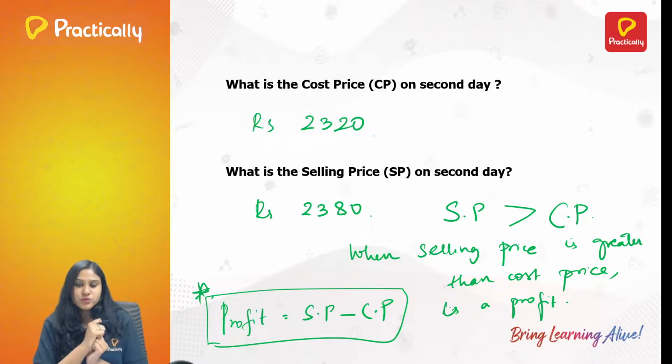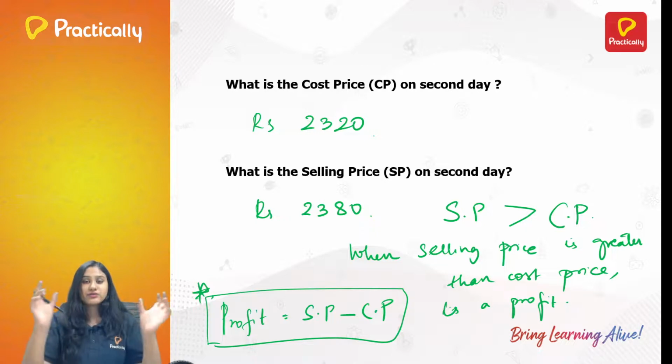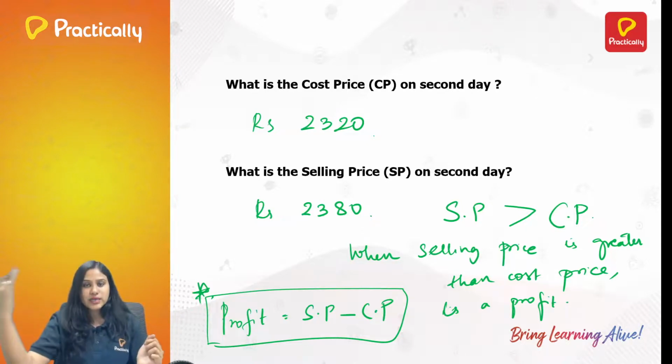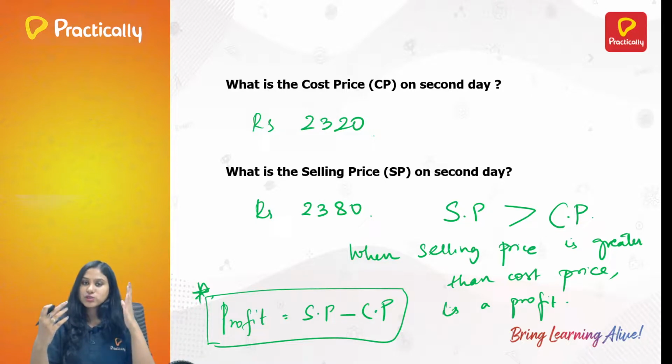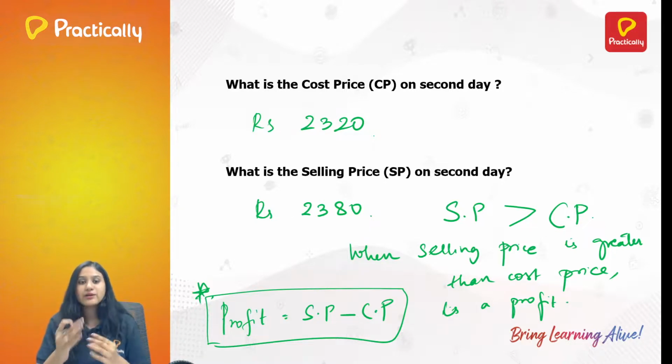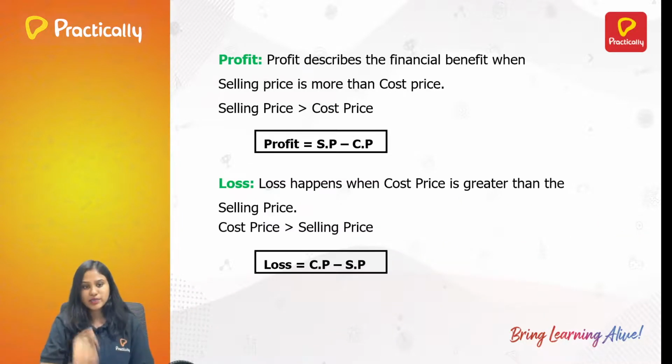So, today what have we learned? We have seen cost price and selling price, and there are three stakeholders involved: the customer, the shopkeeper and the wholesale dealer. Then we have seen what cost price and selling price are, and in what cases loss happens and in what cases profit happens. Now, let us summarize it.